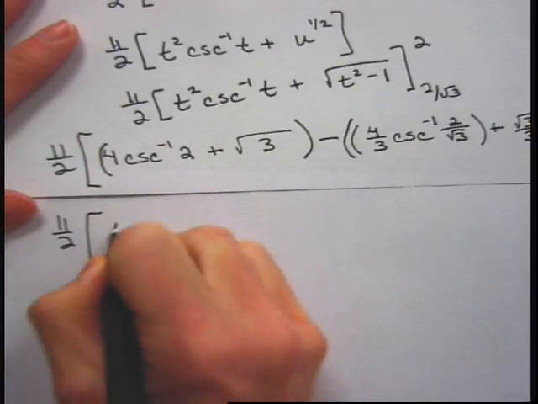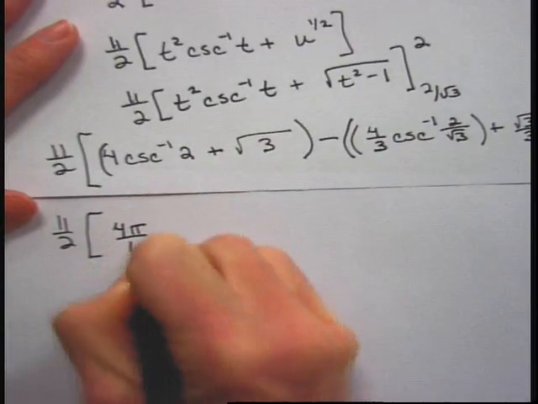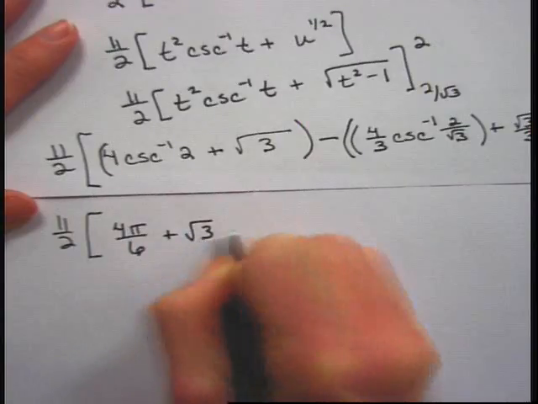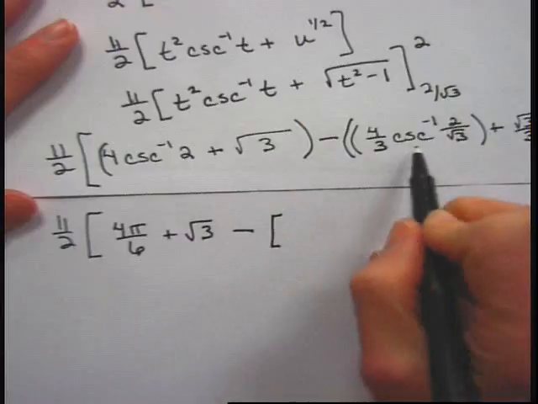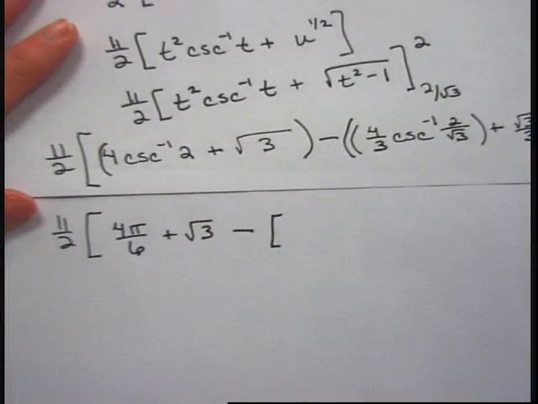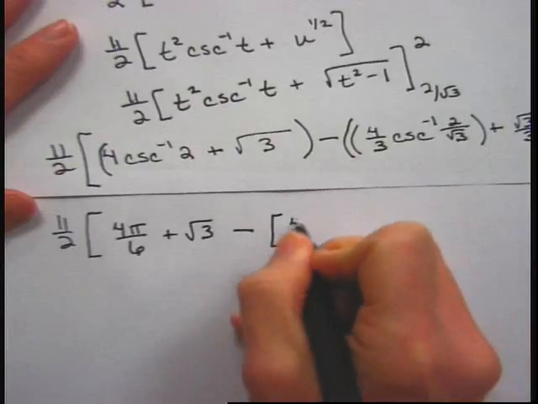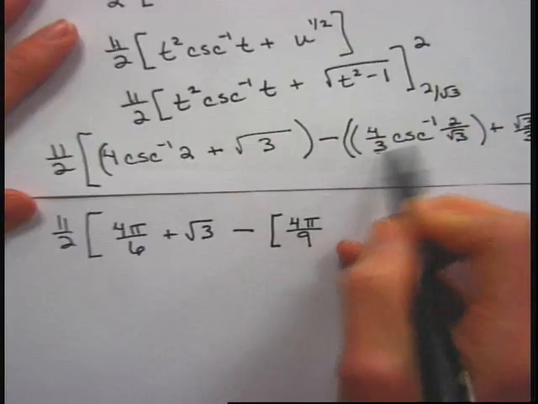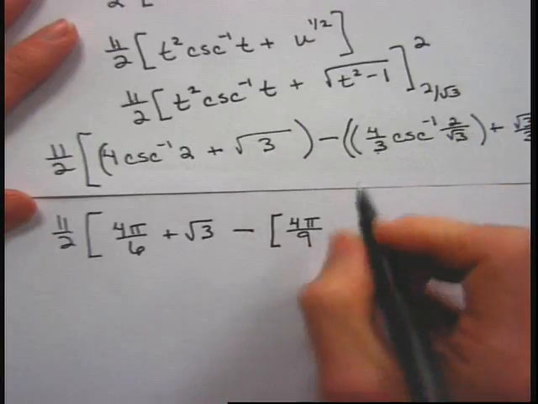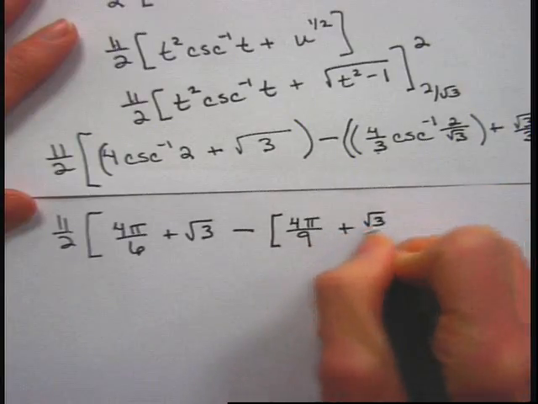So this is 4 pi over 6 plus the square root of 3 minus, all right, the 2 over the square root of 3 is the same as saying, when is the sine the square root of 3 over 2, which is at pi over 3. So this is 4 pi over 9, because it's 4/3 that's pi over 3. Plus the square root of 3 over 3.